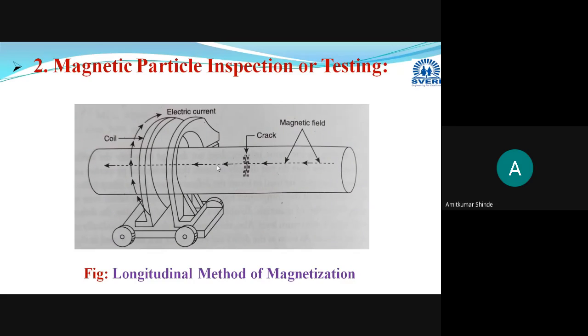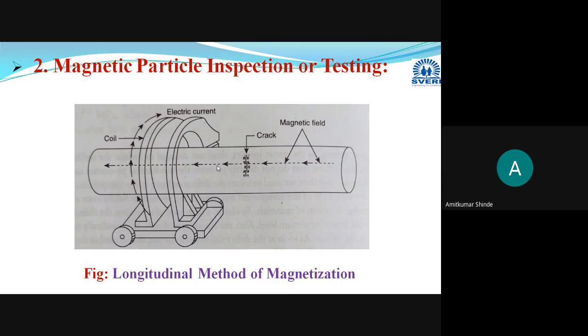You have to go for ultrasonic or any other kind of inspection method. So this is magnetic particle inspection and its types. You have to remember that this method is used for detecting defects in components manufactured from iron, steel, or any ferromagnetic material only.